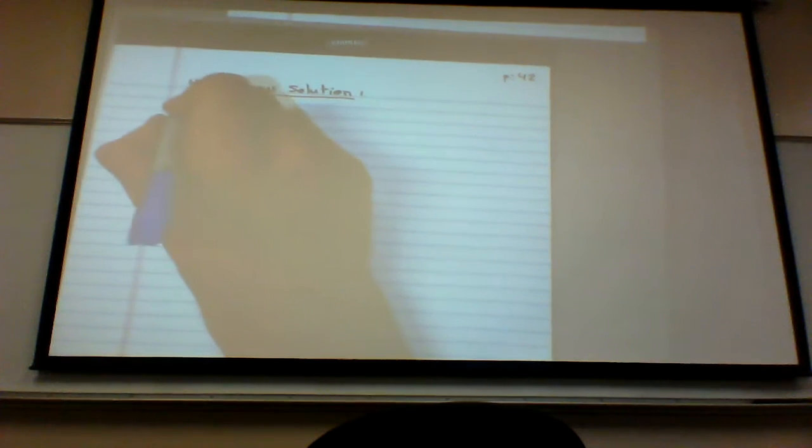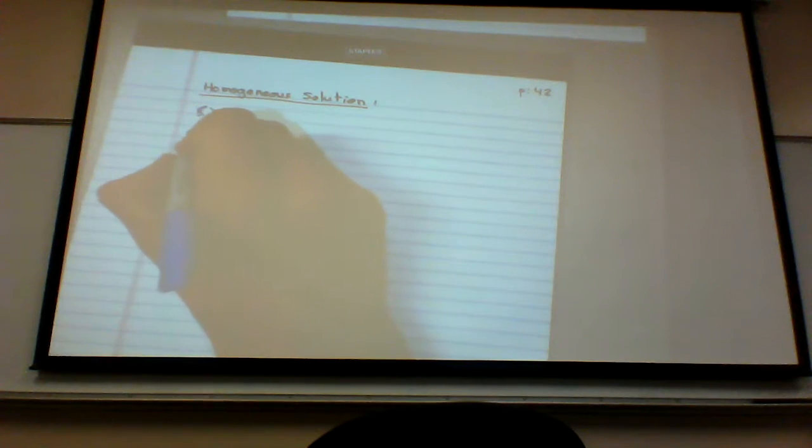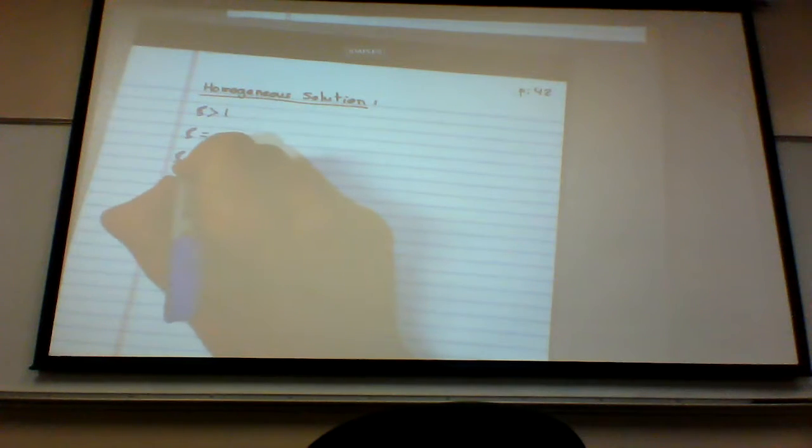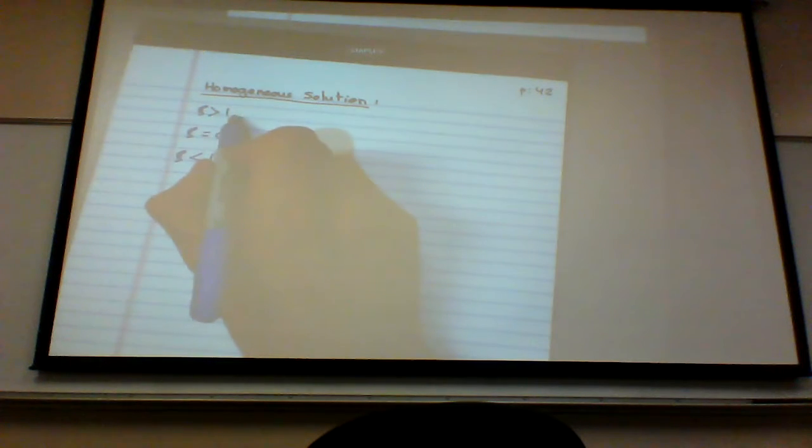Let's see if you remember: the damping ratio higher than 1, damping ratio equal to 1, damping ratio lower than 1. What was the name for this one? Overdamped.